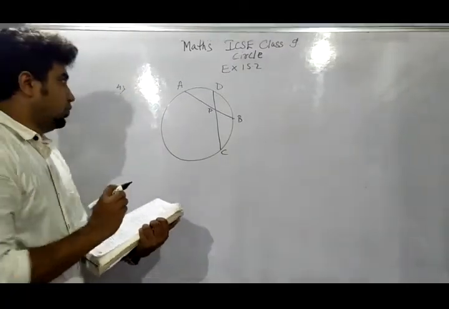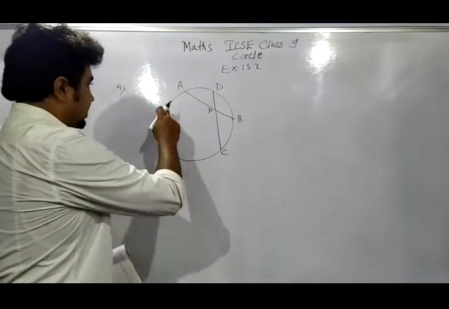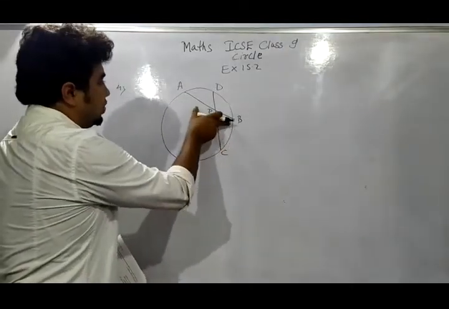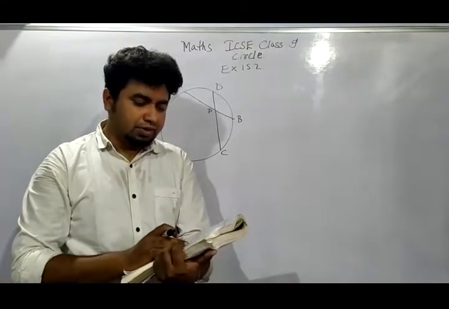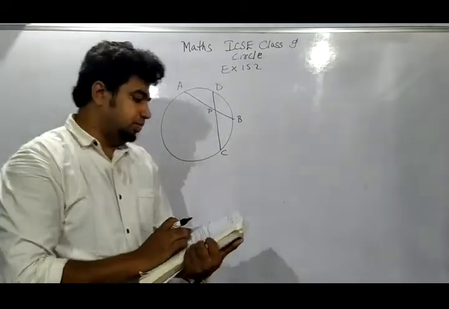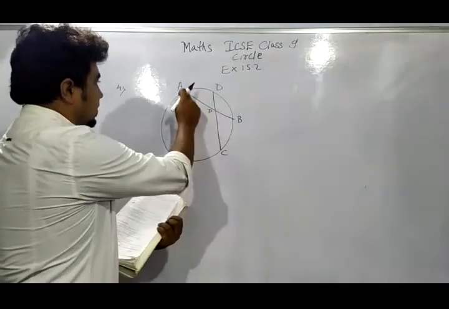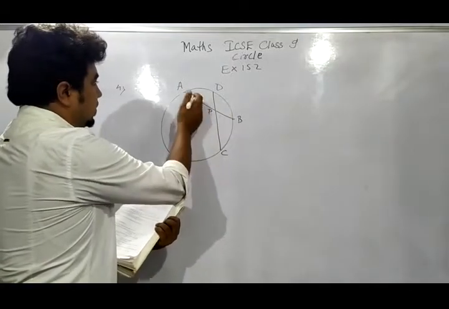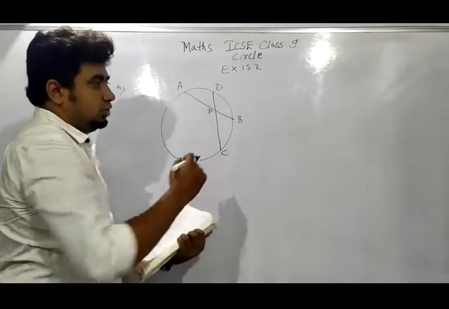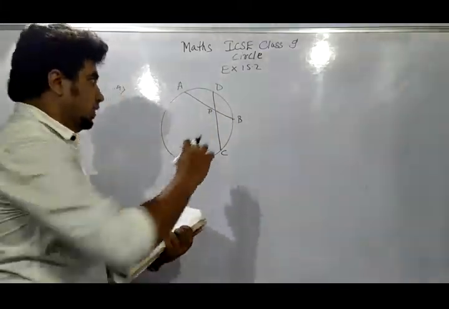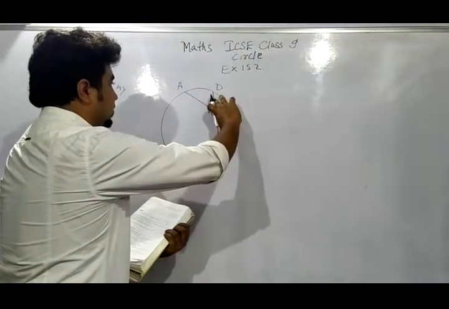In question number 4, it is given that AB is a chord and CD is a chord. Two chords AB and CD of a circle intersect at point P. This is P, this is chord AB, this entire part. As I told you, when we join two points on the circle by a line, it is known as a chord. These two points are also joined, this is also a chord.